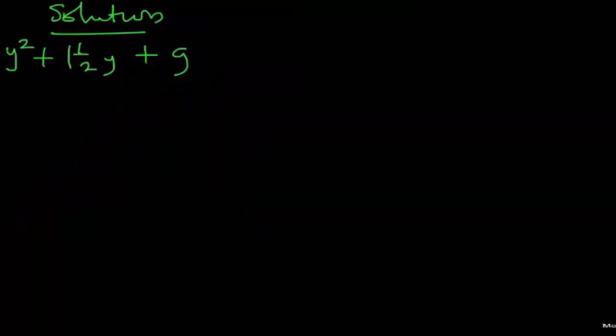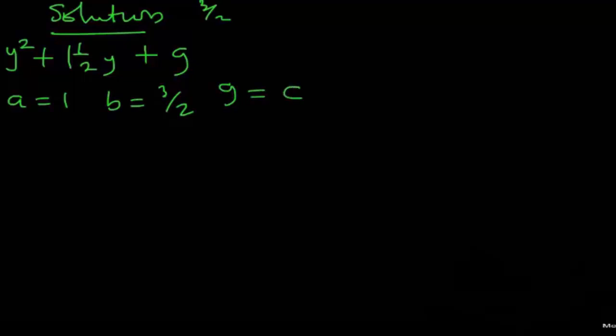The coefficient of y squared is 1, so a is equal to 1. The coefficient of y is 1 and 1 over 2, which as an improper fraction is 3 over 2. So b is 3 over 2, and c is equal to g.